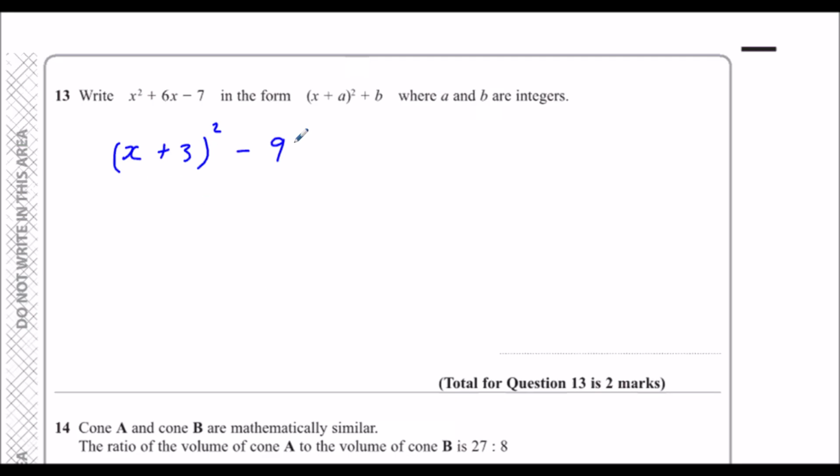So take away 9. And we've still got the minus 7 on the end. So we've got (x plus 3) squared minus 16. If we expanded the brackets, took off 16, that will get us back to what we started with. So (x plus 3) squared minus 16.